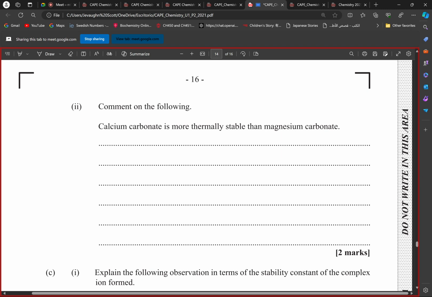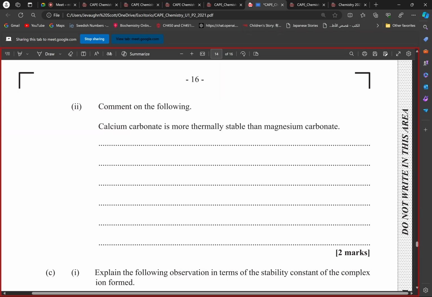So calcium is lower down the group than magnesium. Calcium is more stable than magnesium because magnesium's atomic radius is smaller than calcium's, so magnesium has a higher polarizing power than calcium.